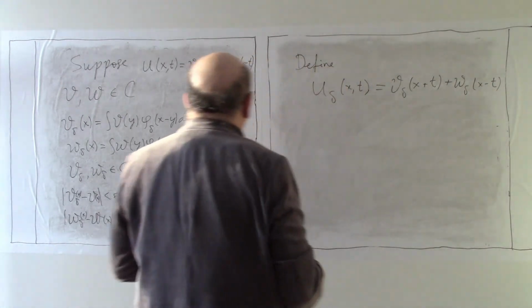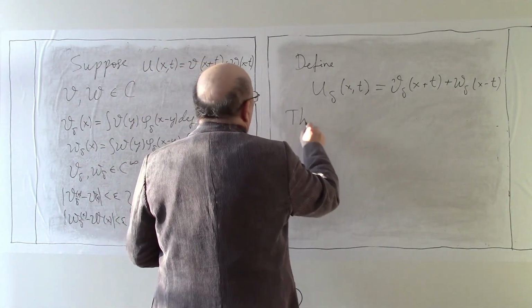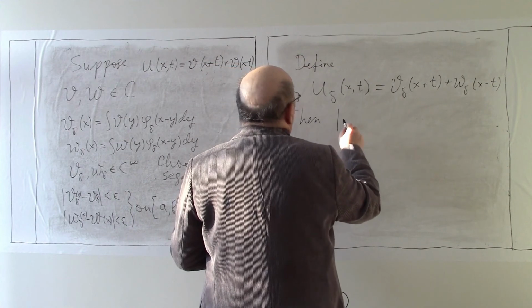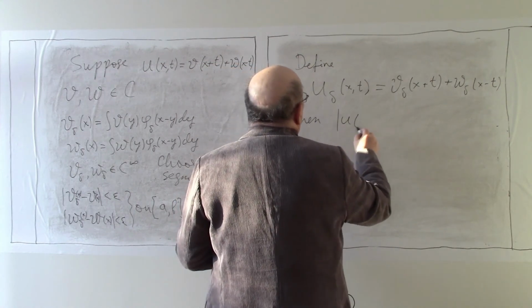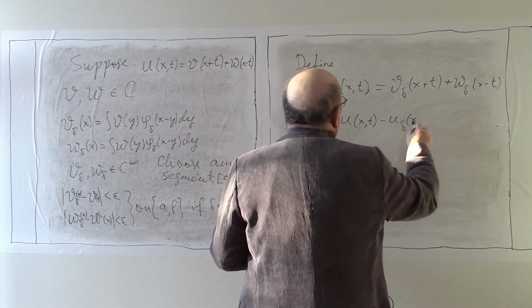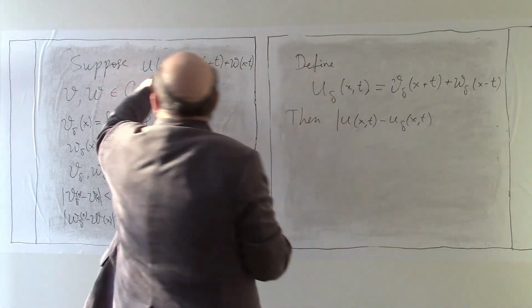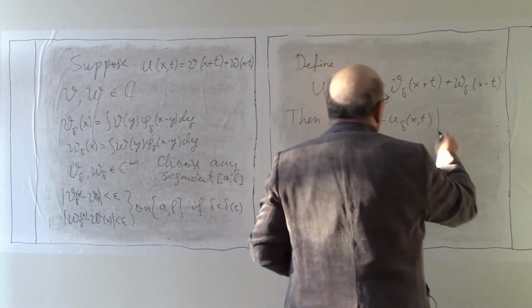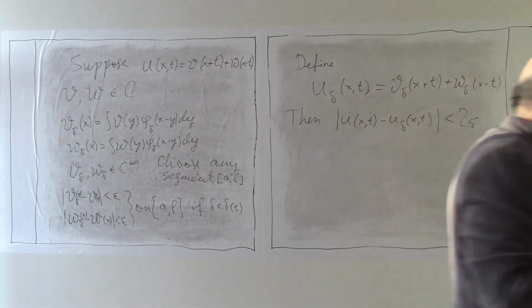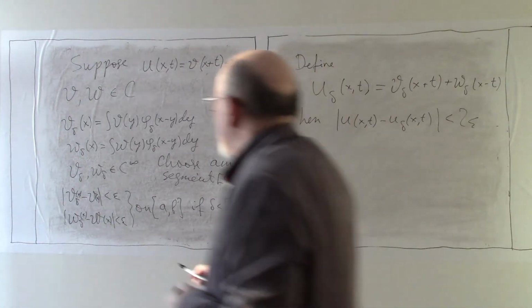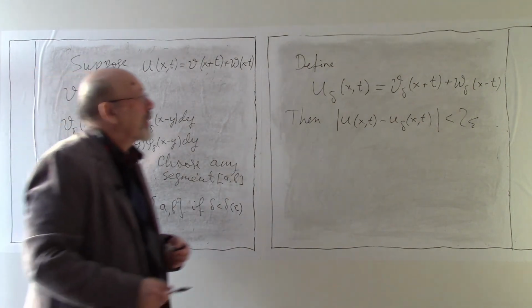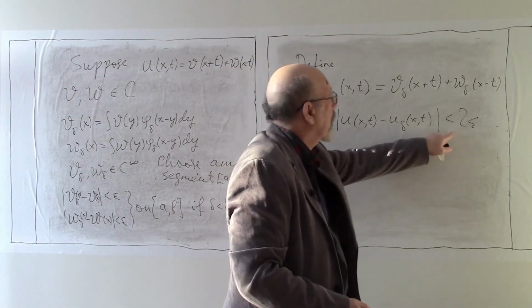Then modulus of u(x,t) minus u_delta(x,t) is less than 2 epsilon. Yes, because here they are separately less than epsilon, so the maximum it can be is 2 epsilon.